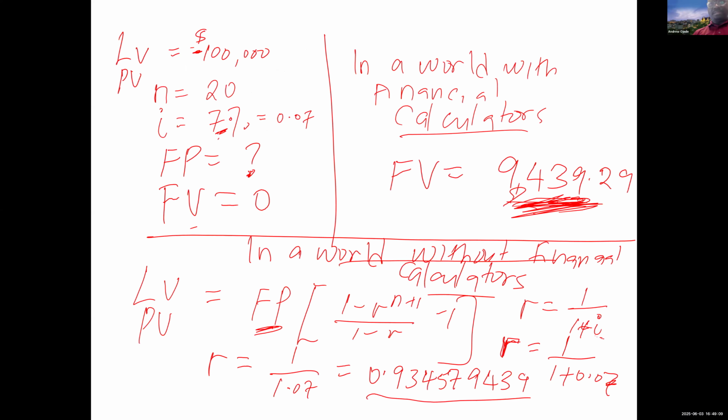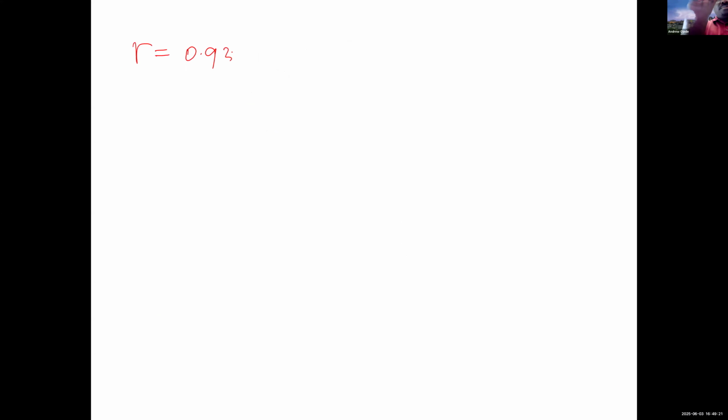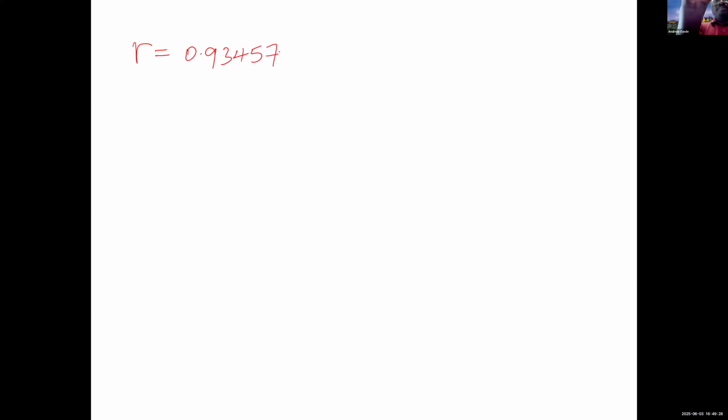What did we find? This is your interest rate. I want to summarize that. So we found a little r equals 0.9, I want to be exact, 345, 4, 5, 7, I believe, 9439.